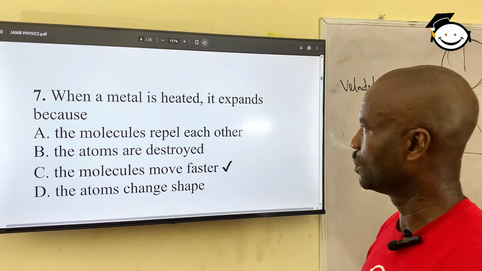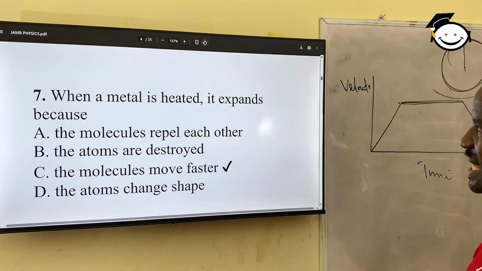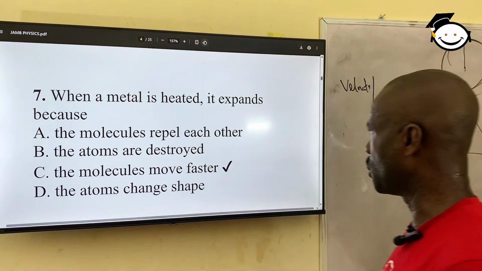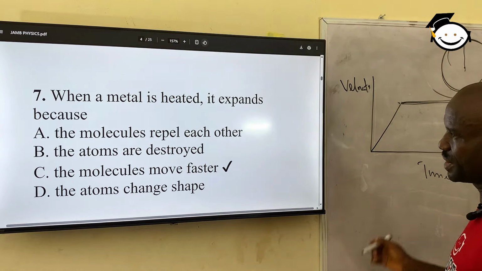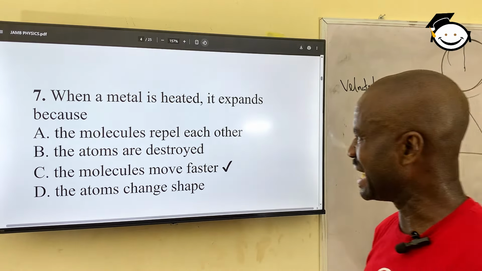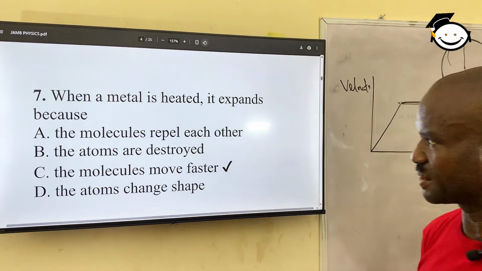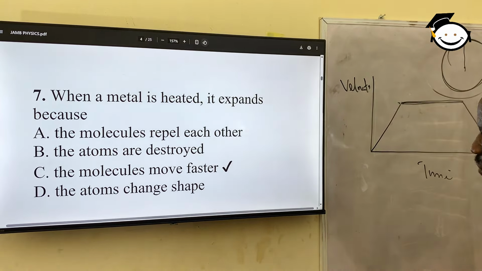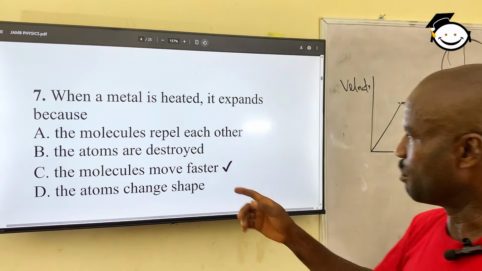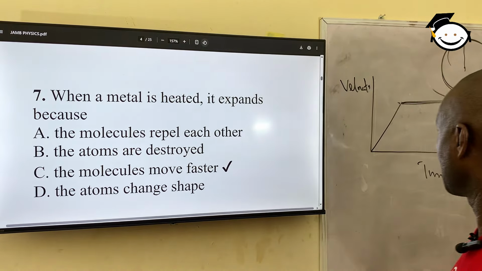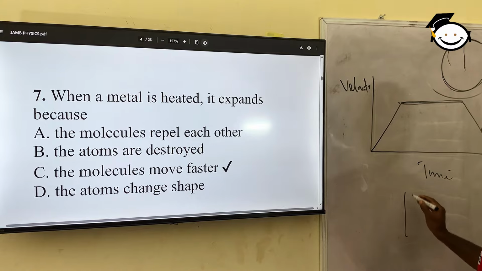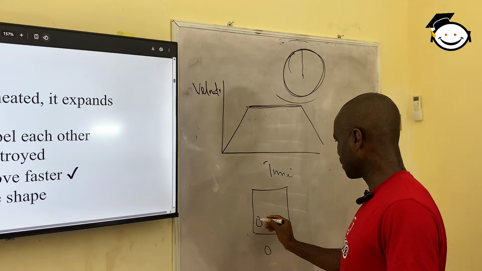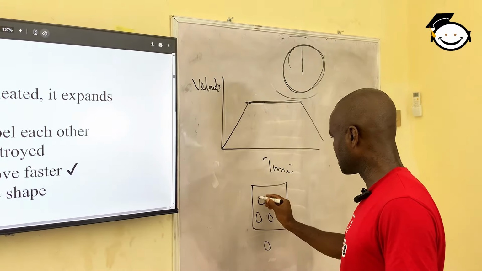Number 7. When a metal is heated, it expands because A, the molecules repel each other. No, the molecules don't repel each other when they are heated. B, the atoms are destroyed. You can't destroy atoms according to the first law of thermodynamics. C, the molecules move faster. Yes, when you heat, for instance, at a mean position, when the temperature is 0, the molecule remains at a stationary position.